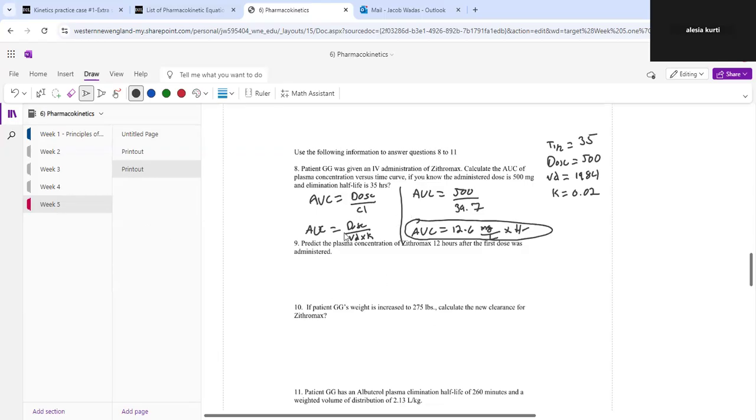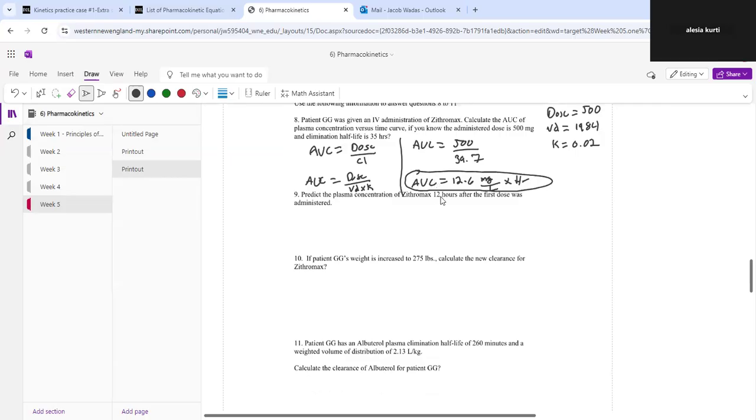All right, question number 9, predict the plasma concentration of Zithromax 12 hours after the first dose was administered. So do you guys know which equation to use? For this question, we're not thinking that it's 100% bioavailable, so before you do anything, you have to solve for the initial concentration.